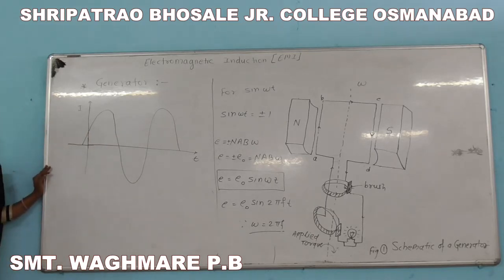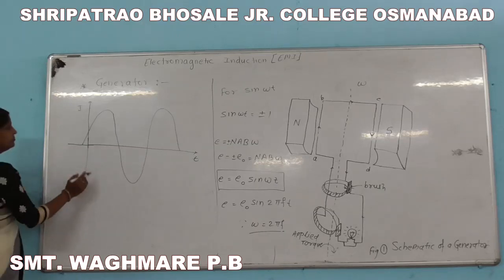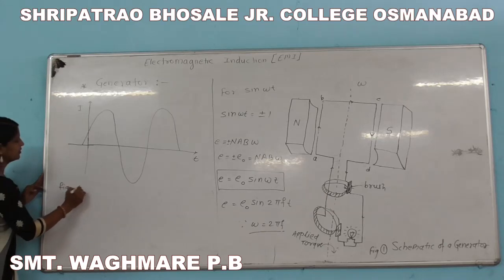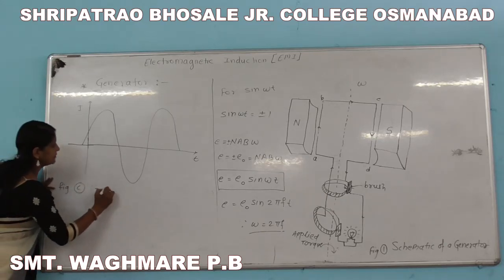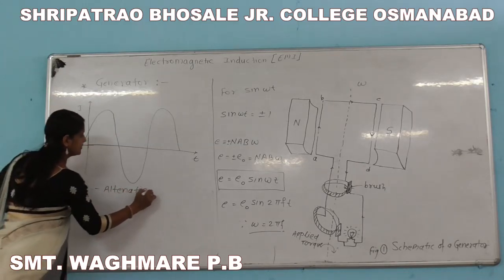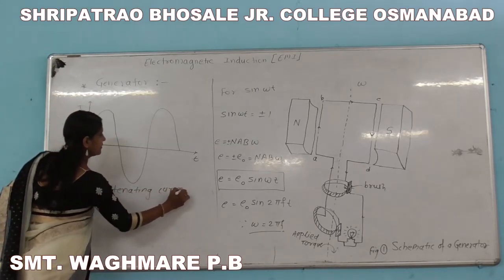This will be the graphical representation of alternating current, that is figure C.